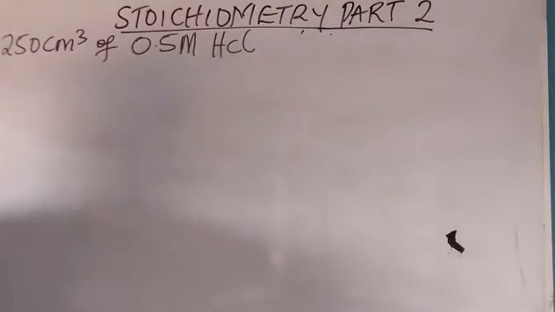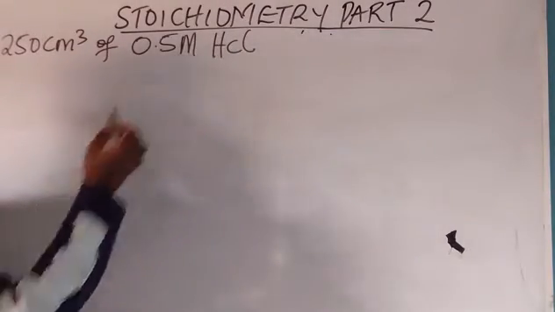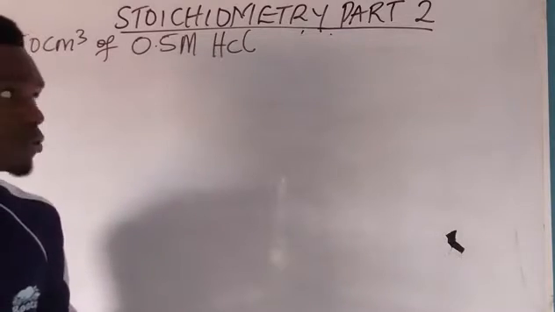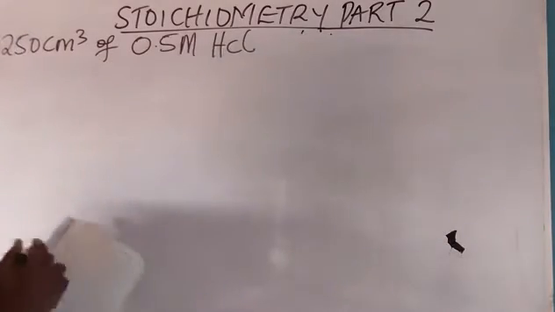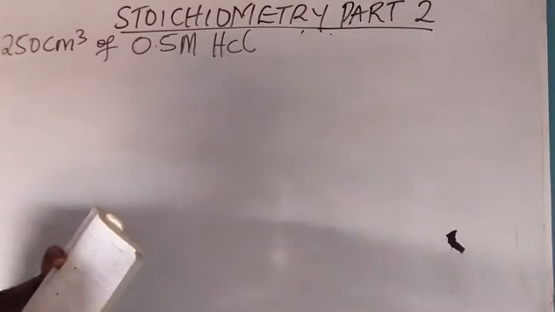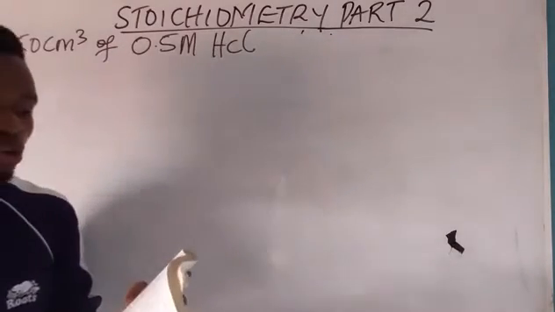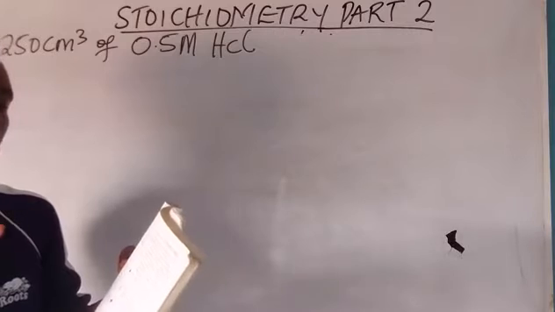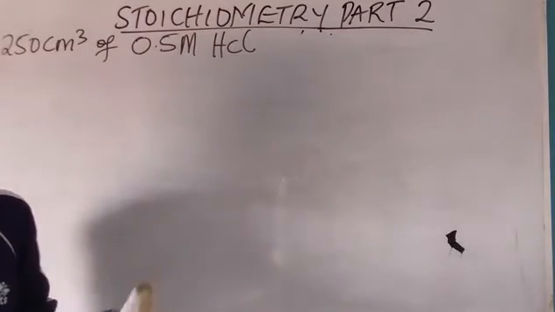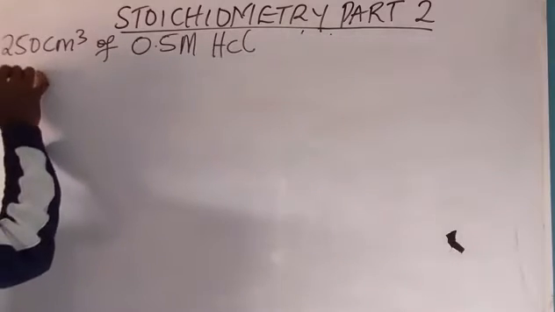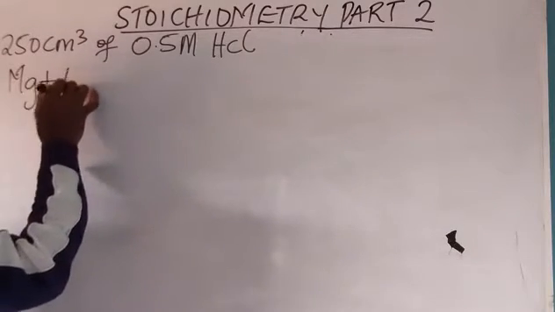Now, this big letter M here connotes molarity. I told us that concentration is always measured in molarity. They said how much magnesium is required to react with 250 cm cube of 0.5 molarity of HCl, which means we have to react magnesium with HCl.